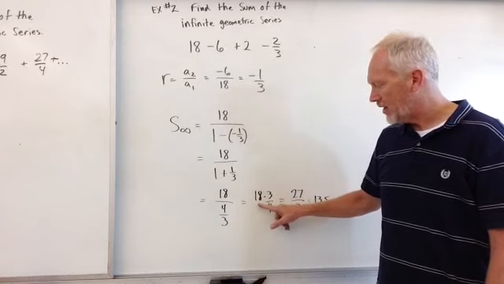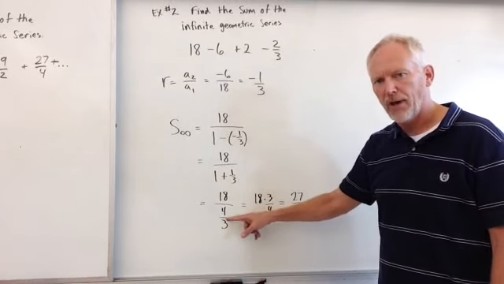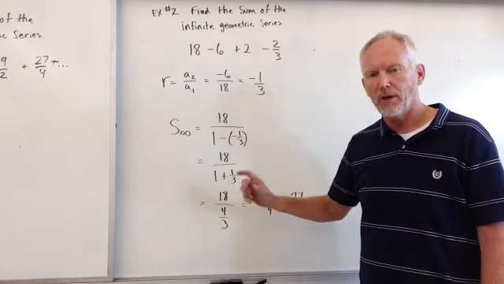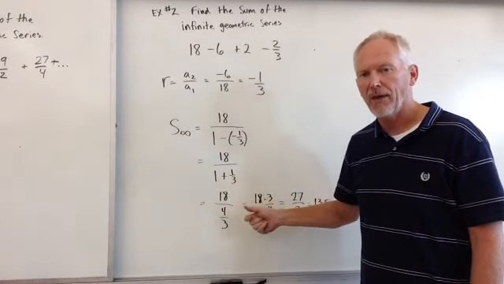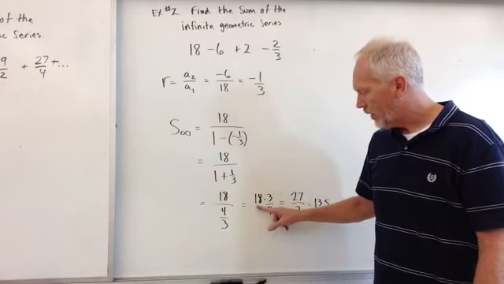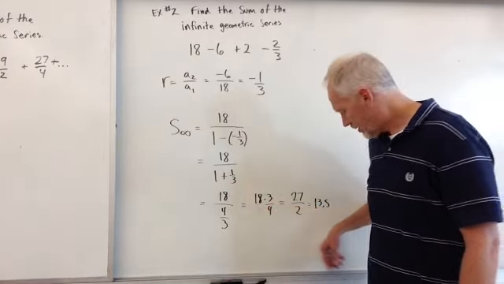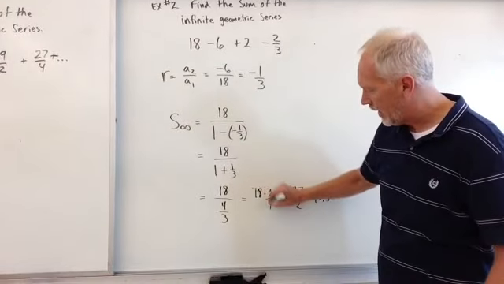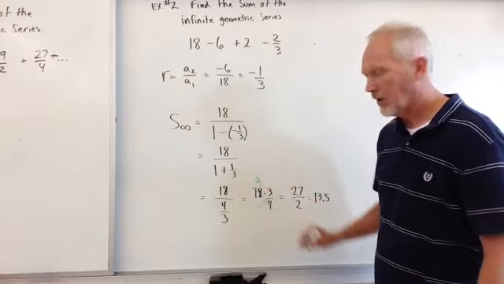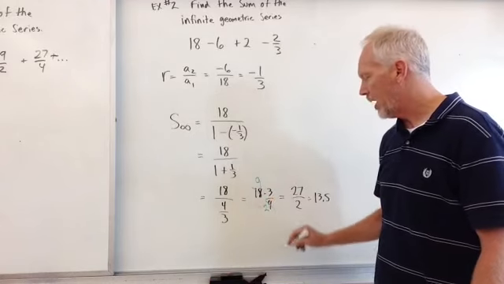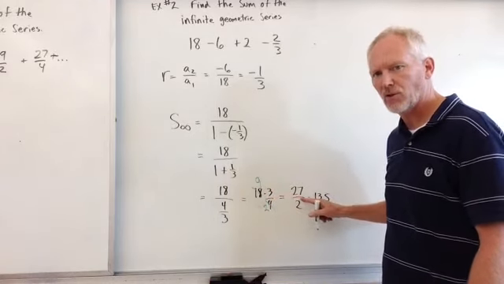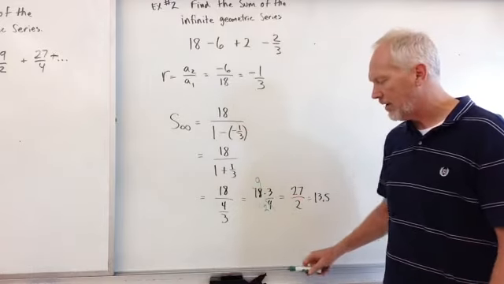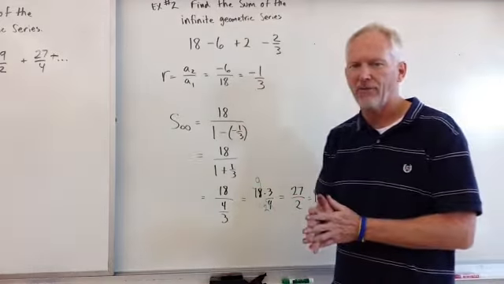Then, if we have something being divided by a fraction, if you recall, we flip it and multiply by the reciprocal. So we get 18 times 3/4, and now we can take 18 and 4 and simplify to 9 and 2. So 9 times 3 is 27, and we get 27 halves, which is about 13 1/2.